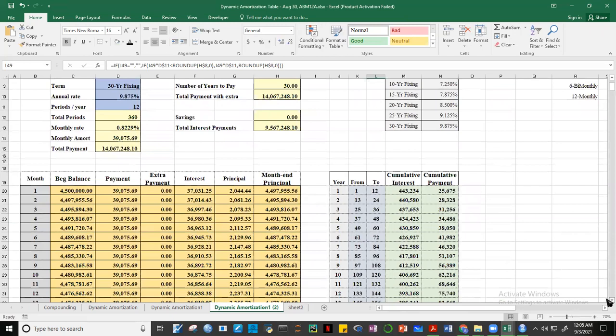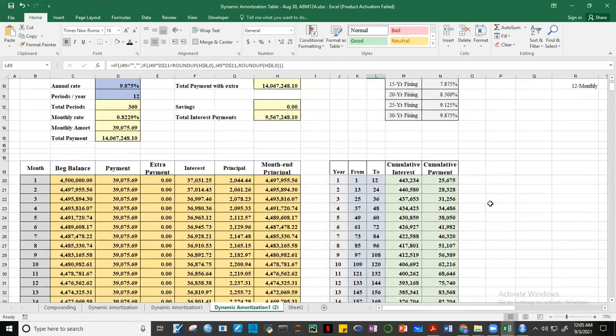Okay, so what will be the formula here? Paano natin kukunin yung cumulative interest? Pag sinabi natin cumulative interest, gusto natin i-add up yung total interest natin for year 1. So si year 1 is from month 1 up to month 12. So what will happen is that Excel will add up all the interest here from month 1 hanggang month 12.